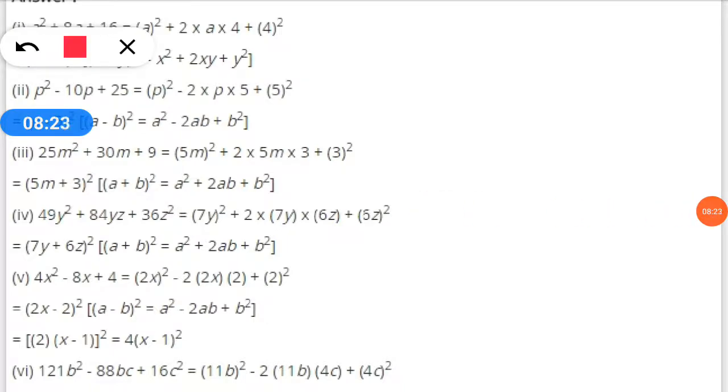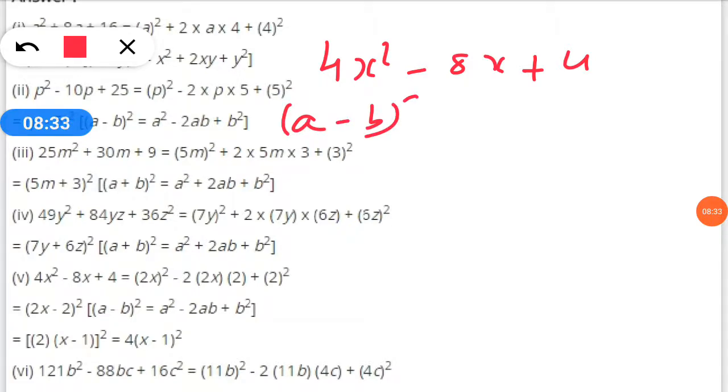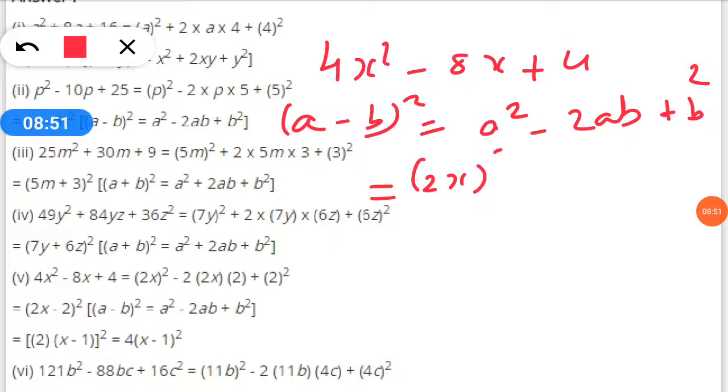Again I will write and show you. What is the question we are having? 4x square minus 8x plus 4. The identity we are having is a minus b the whole square is equal to a square minus 2ab plus b square, isn't it? So a square, that means 4x square, can be written as 2x the whole square, since the factor of 4 is 2 into 2. 4 can be written as 2 into 2, so that will be plus 2 the whole square.